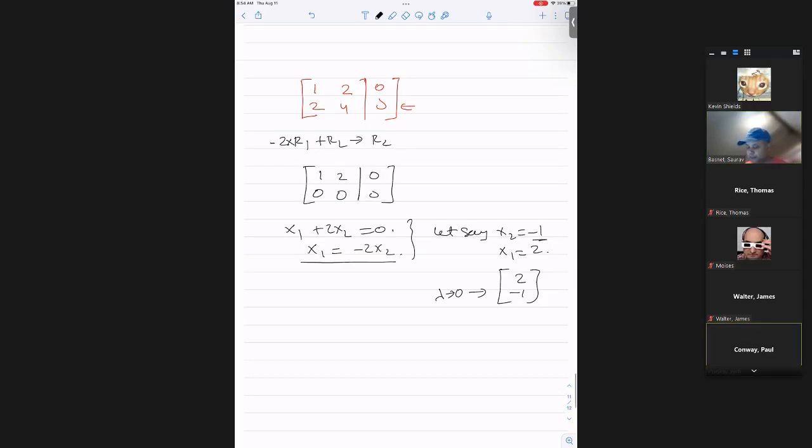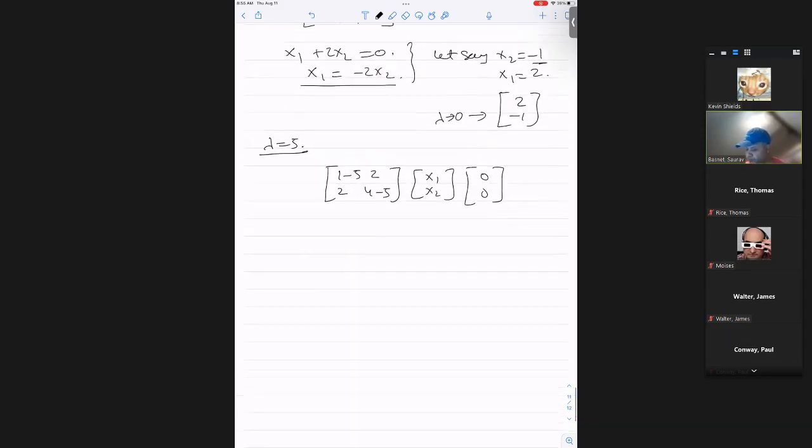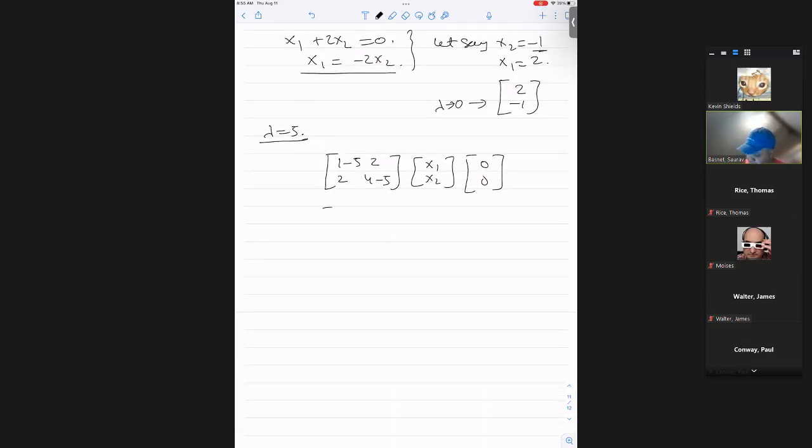Similarly, for lambda equals 5: [1 minus 5, 2; 2, 4 minus 5] times [x1, x2] equals [0, 0]. So it is [-4, 2; 2, -1].